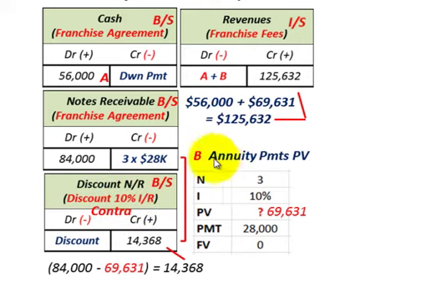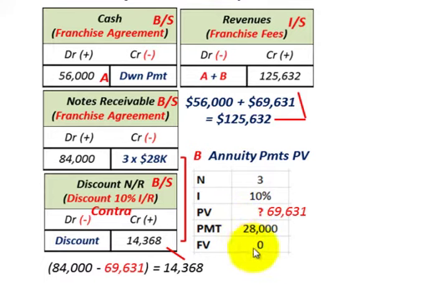So take out your calculator, and we're going to be looking at the present value of the annuity payments. On your calculator you're going to have these functions. We start out with the N, those are the 3 annual payments, 3 years. Put that in, and then your interest rate, put that in at 10%. And then your payment, well, we've got $28,000. That would go into your payment key.